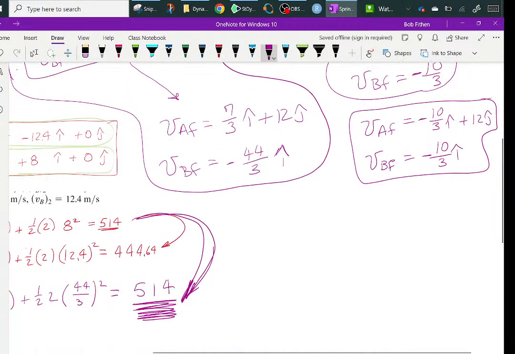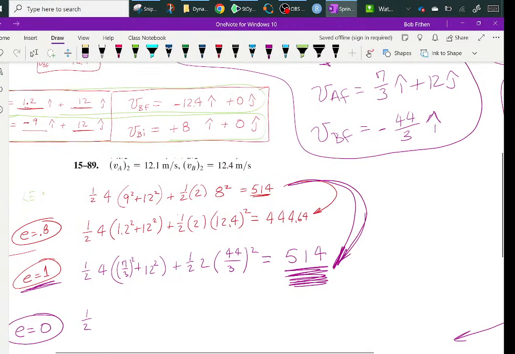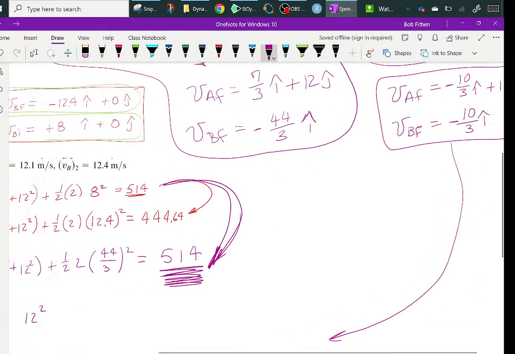So this is the worst case scenario. They don't stick together because they're kind of glancing off of each other. And the final energy there, you still got the 12 squared, and minus 10 thirds.